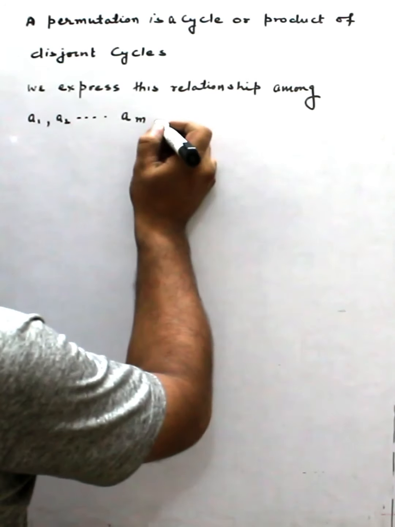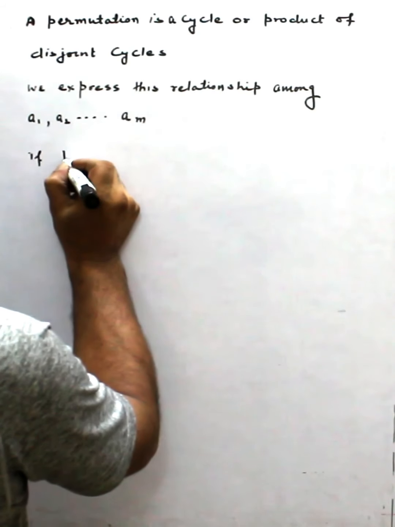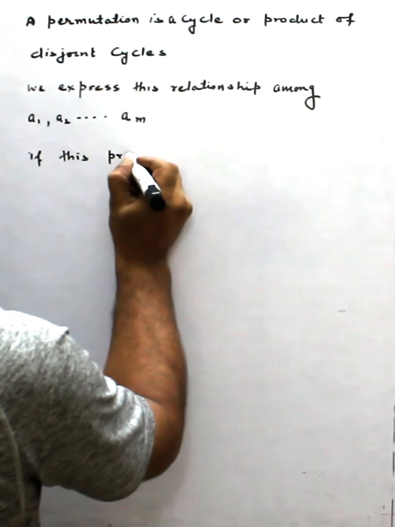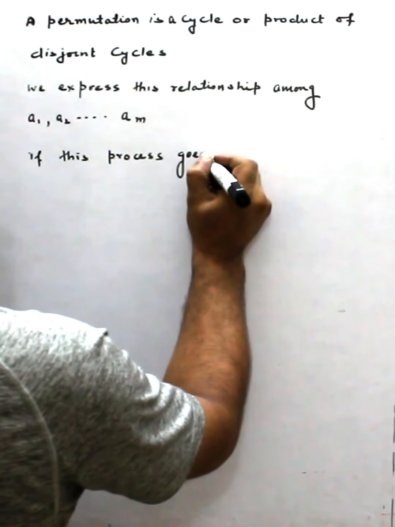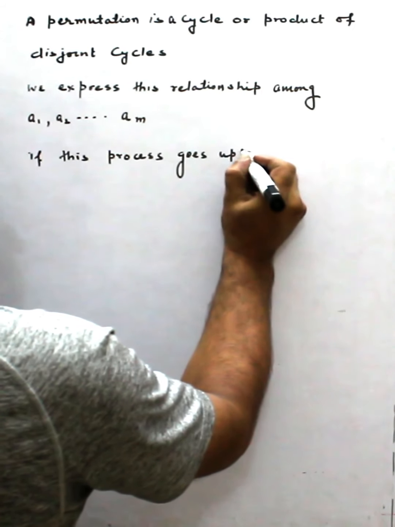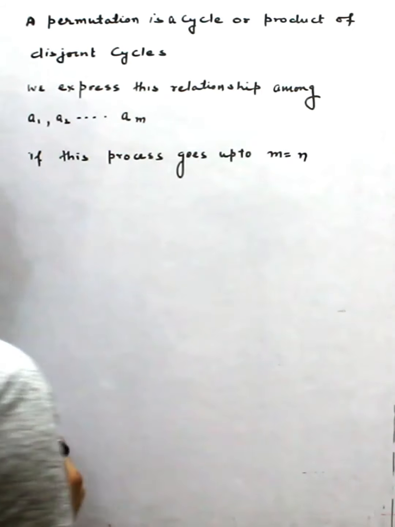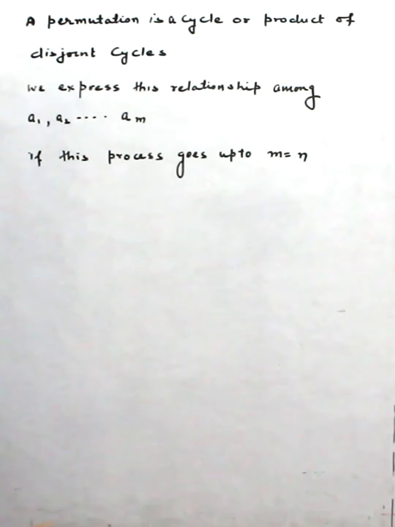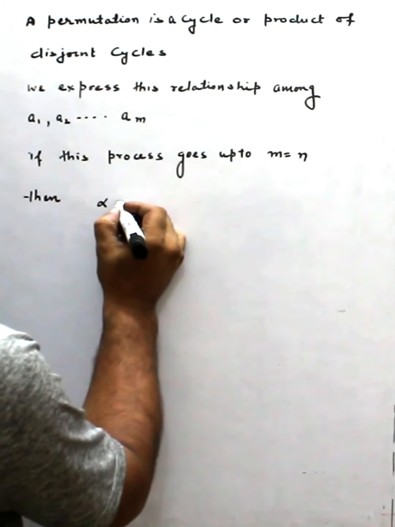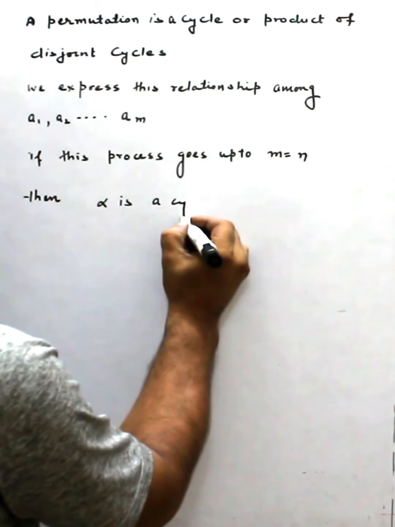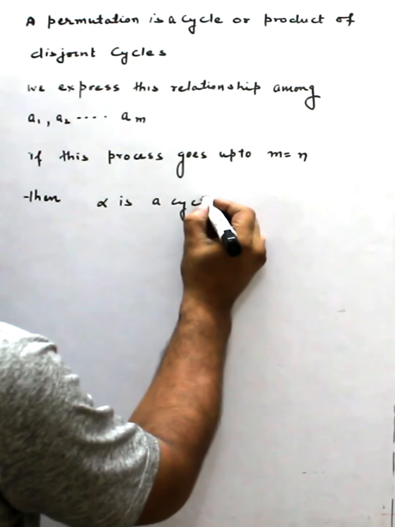In this process, if this process goes up to m equal to n, that means all elements of S are covered, then alpha is a cycle.